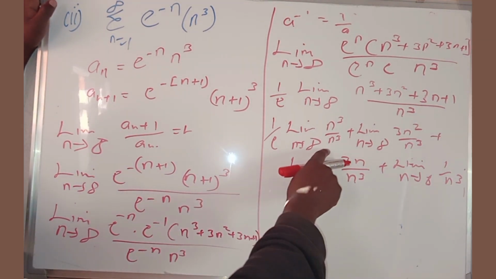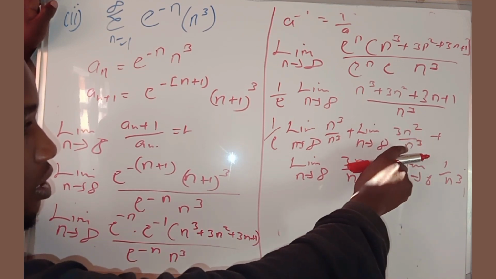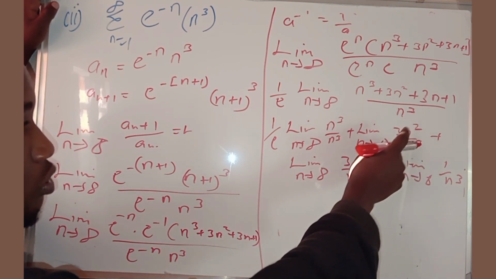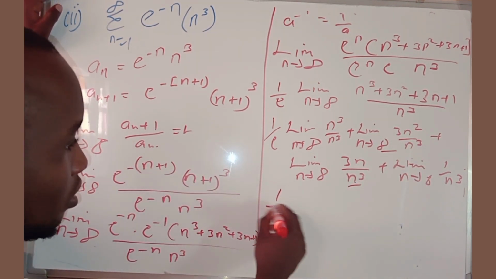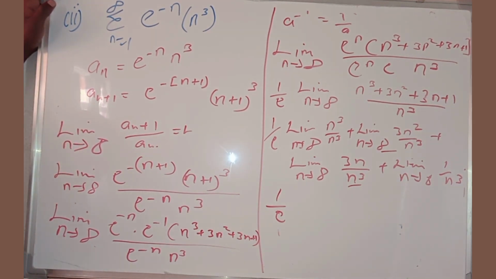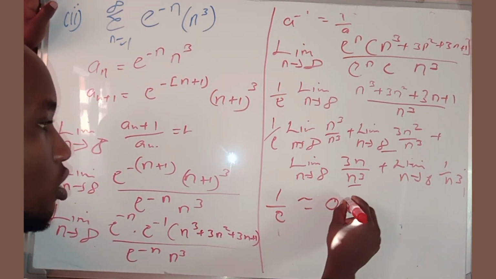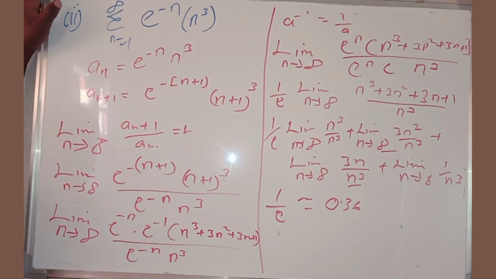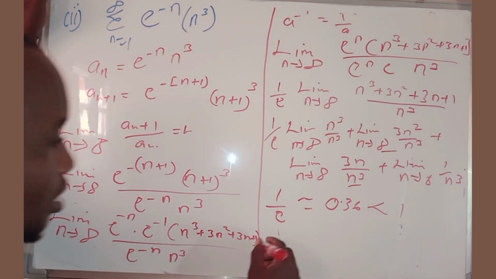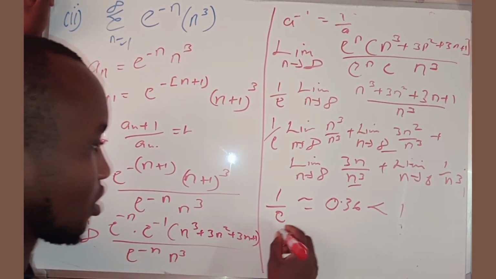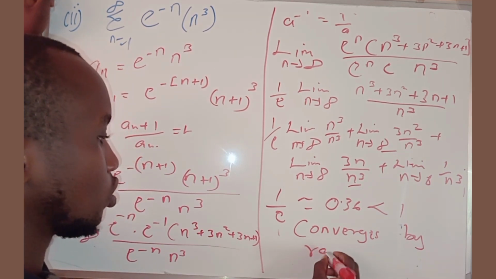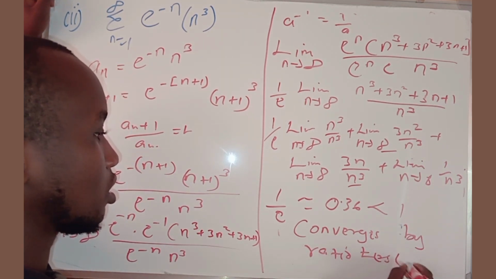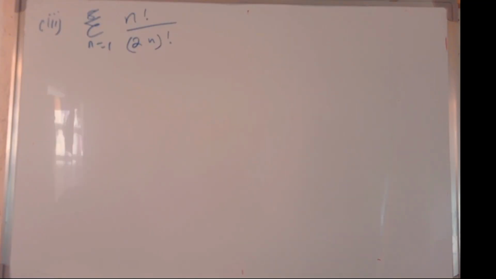So this is 1, this is 3 over n. When you put n to be infinity, this is 0, this is 0, this is 0. So you remain with 1 over e, which is approximately equal to 0.36. And this is less than 1. So the series converges by the ratio test.